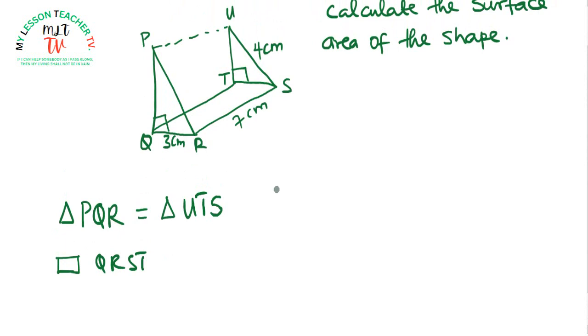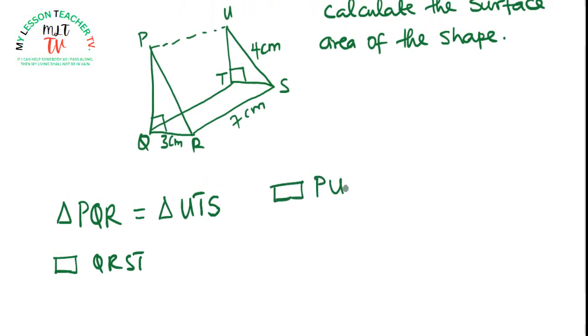So we equally have rectangle PUTQ, and I have looked at the base, I have looked at the back shape, rectangle PURS. So the total surface area of this prism is said to be the sum total of the surface area of these five shapes that make up this prism.